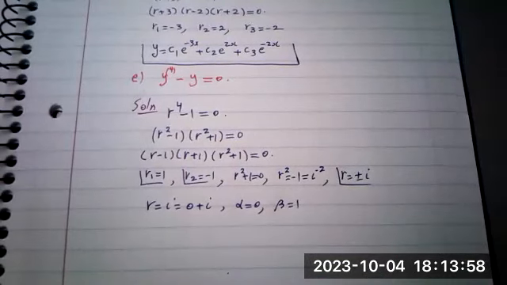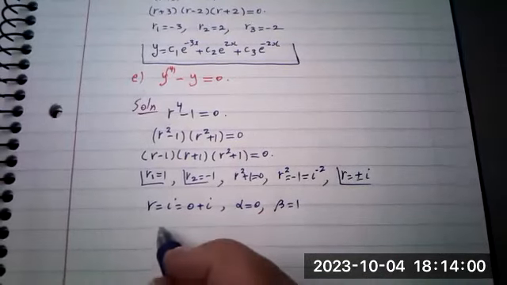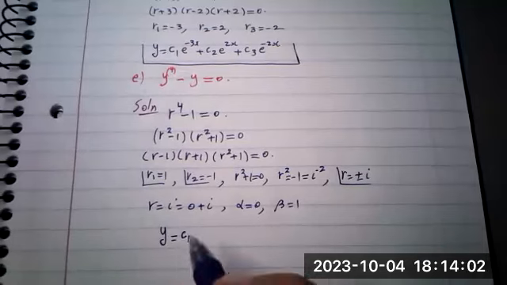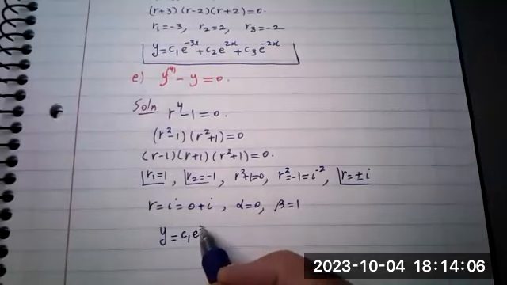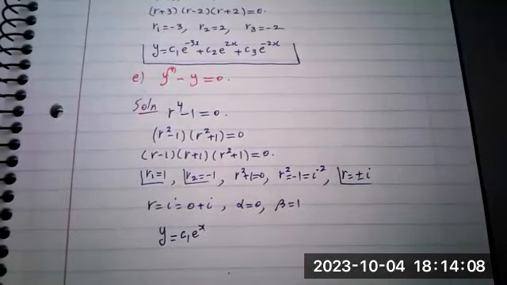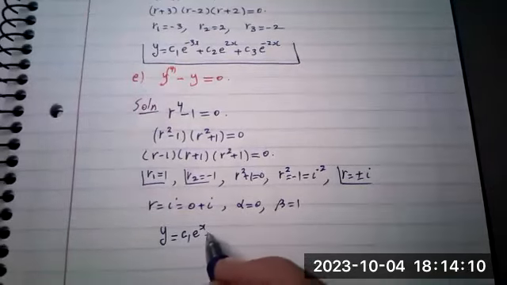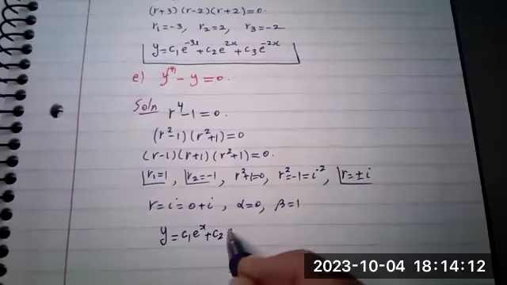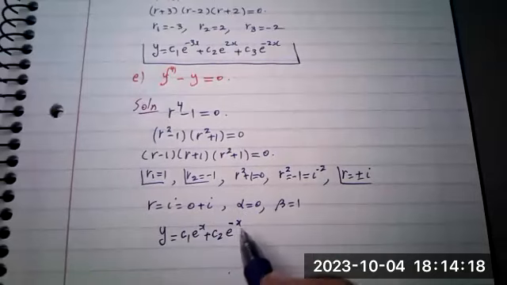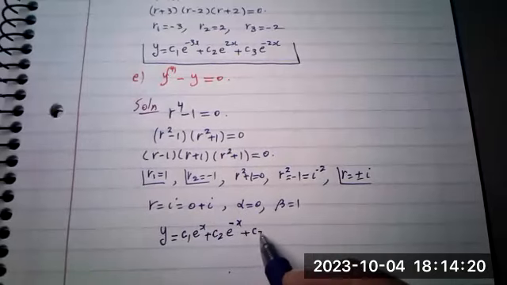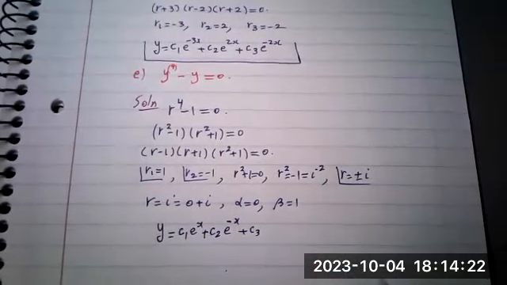So four solutions. y equals c1, r1 is 1, e to the x. That's the first one. Plus c2 e to the r2, which is negative 1, so e to the negative x. Then the complex, plus c3, alpha is 0, so e to the 0. You can ignore it, or you can write it down and simplify it.